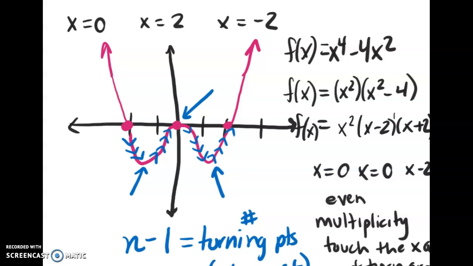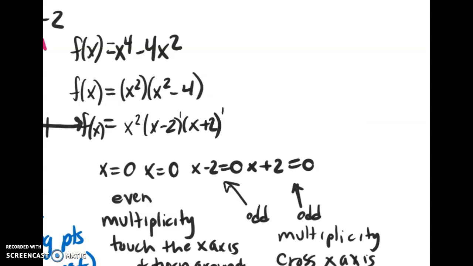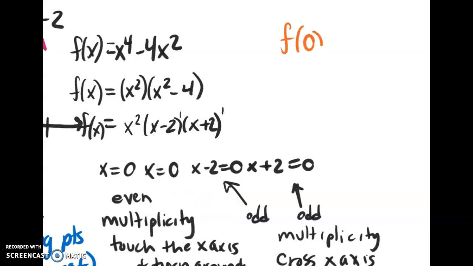And then the other thing is that you can find the y-intercept. You can find the y-intercept by taking the function, just like previously, and you evaluate it at 0. So my function was x to the 4th minus 4x squared.